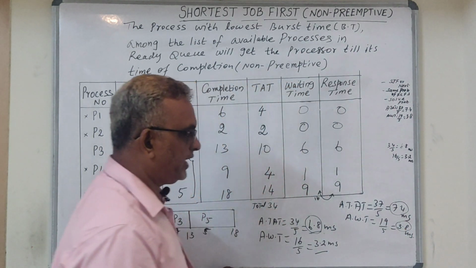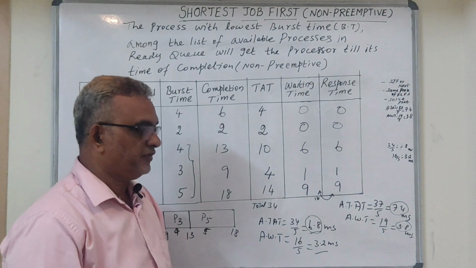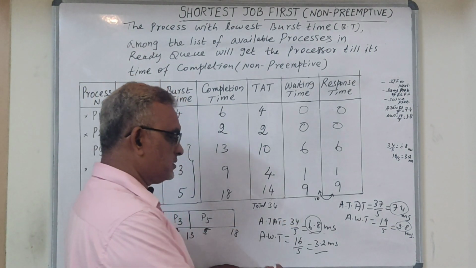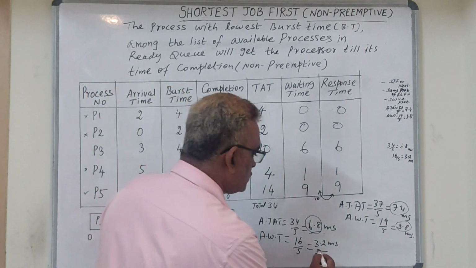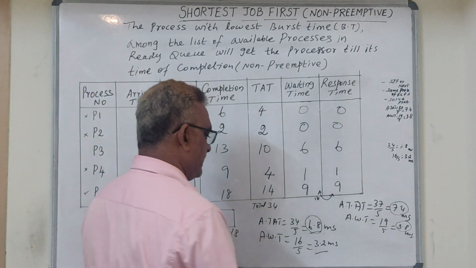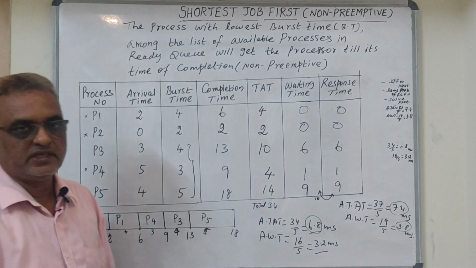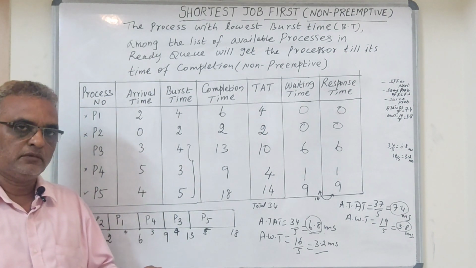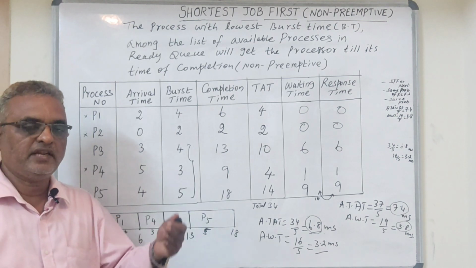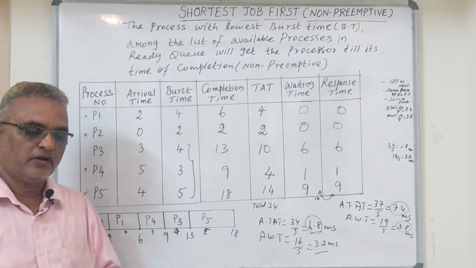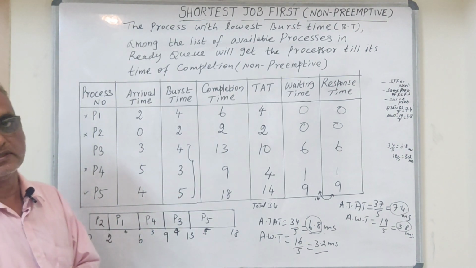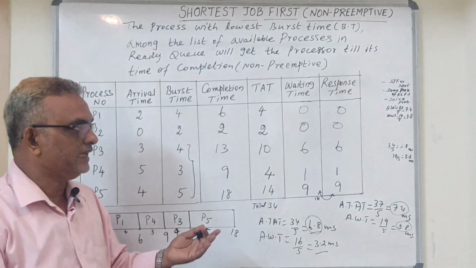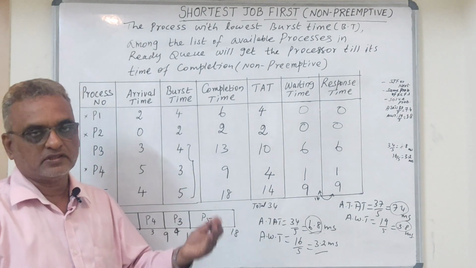It was 3.8 in the first come first serve scheduling policy, but in shortest job first it is reduced to 3.2 milliseconds. So the efficiency depends upon how the algorithm reduces the average waiting time of the processes. In that way SJF is better than first come first serve.